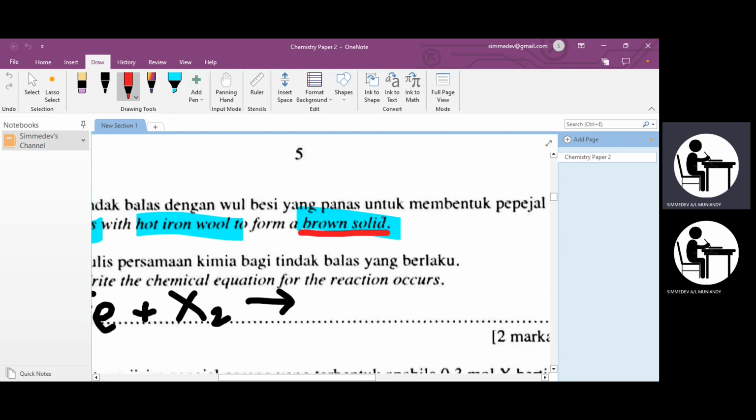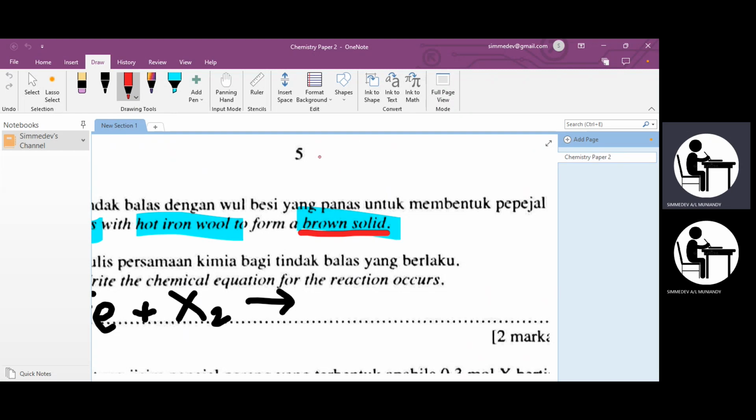Okay, if you have learned your salt chapter, chapter 6 form 4, or maybe your chapter 1 form 5, about displacement of iron and so on, you will know that iron is a transition element.